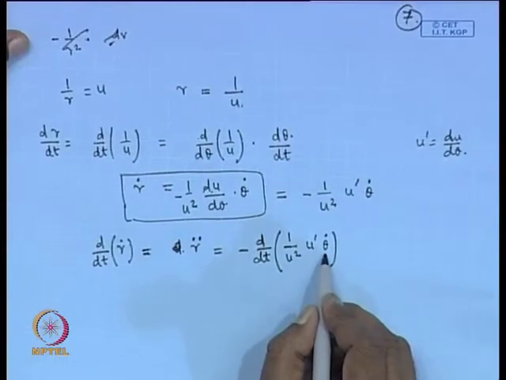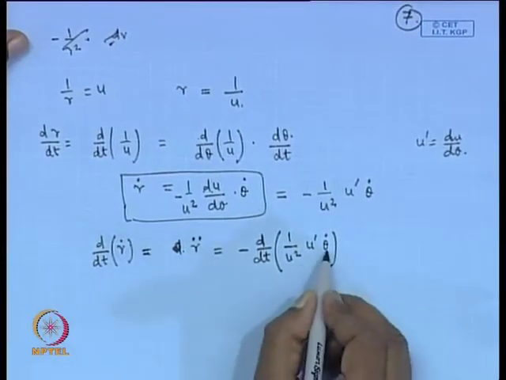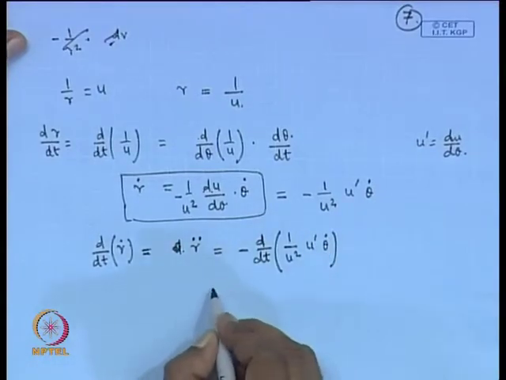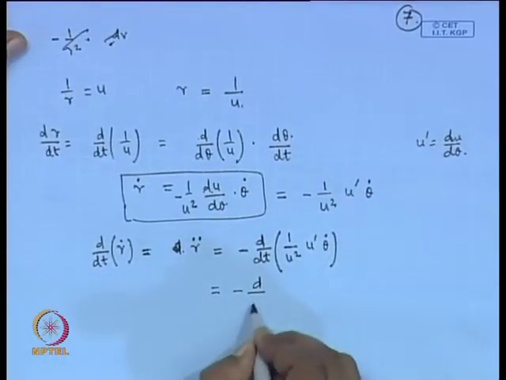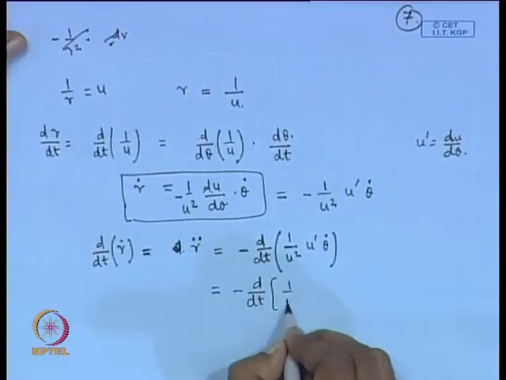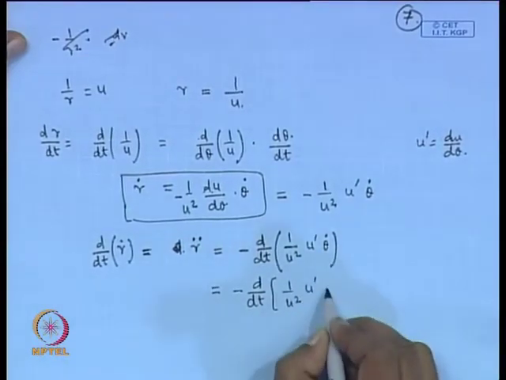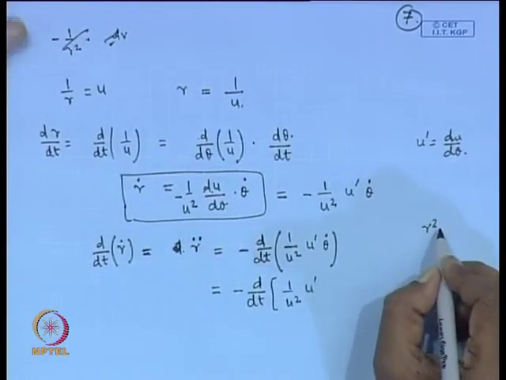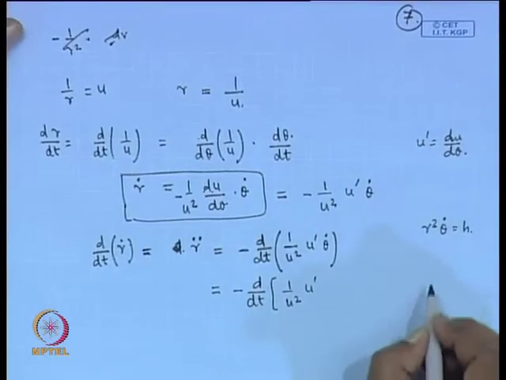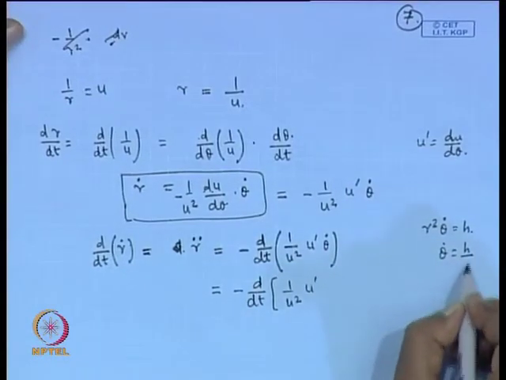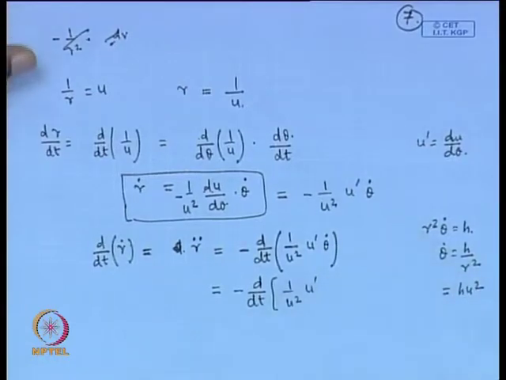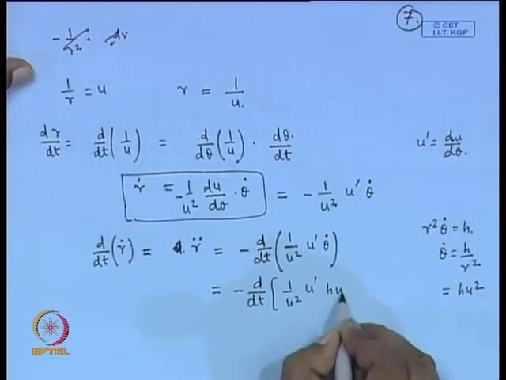Now, we need one further substitution for theta dot here, because we are not going to put theta double dot, we want to replace this. So, in terms of 1 by u square u prime, theta dot we know that r square theta dot is equal to h. Therefore, theta dot we can replace by h by r square, which is nothing but h times u square. So, theta dot then becomes h times u square.